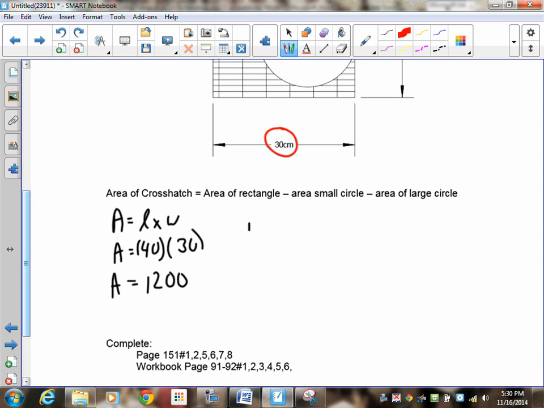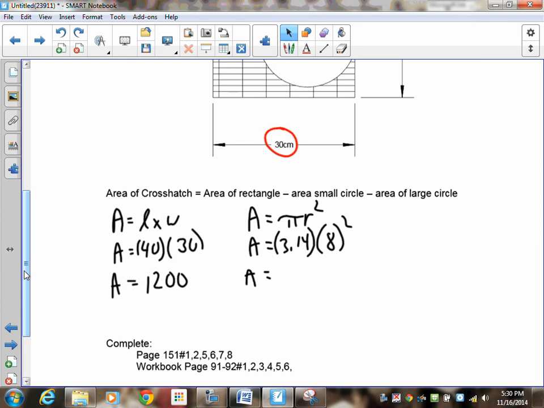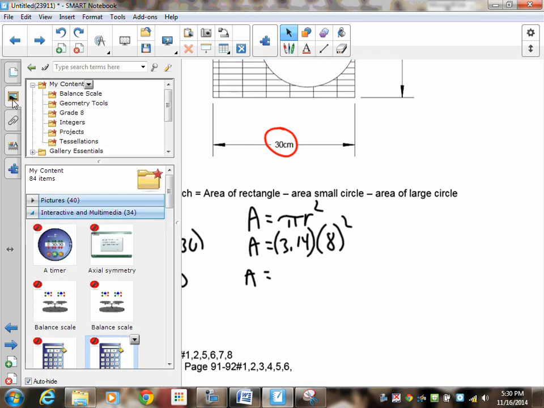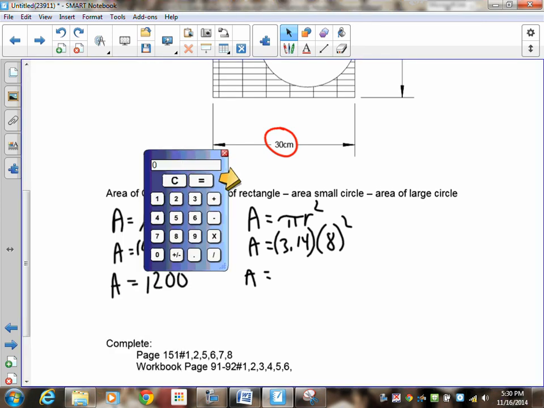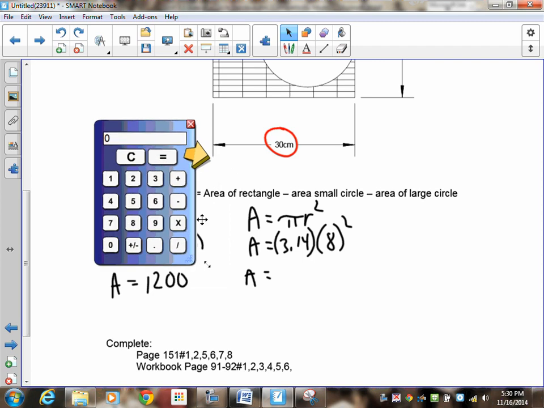The area of the small circle, pi r squared. So your area is 3.14 times the small circle's radius of 8 squared. So in my calculator, I've got 3.14, and I'm going to multiply that by 8 twice.